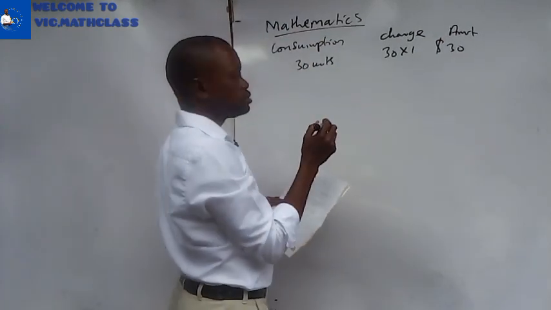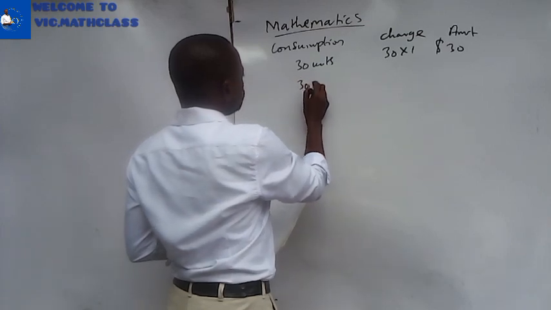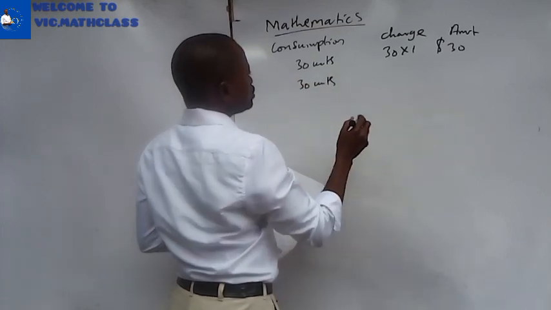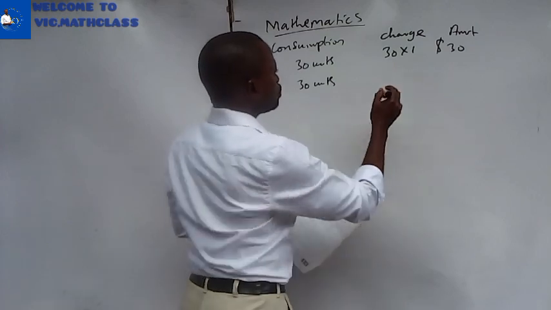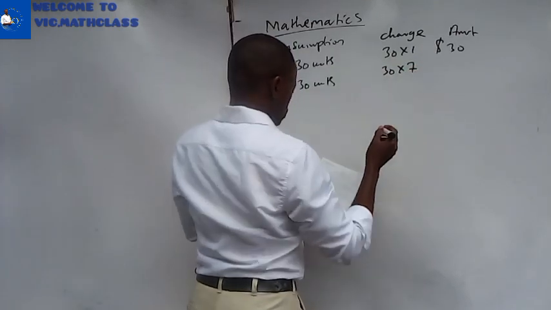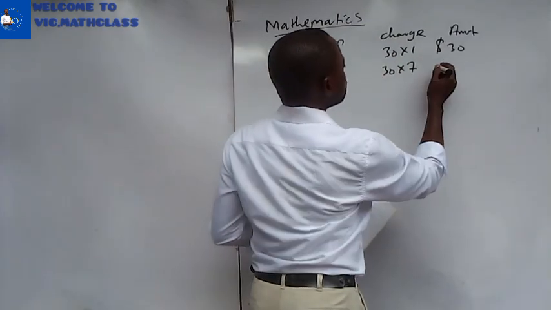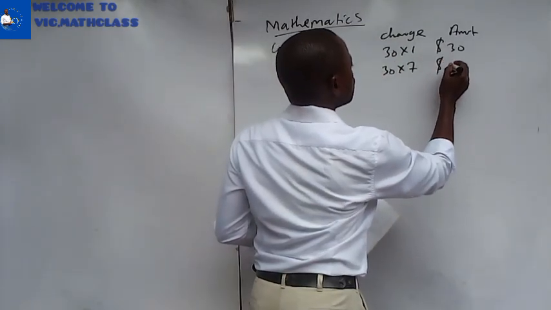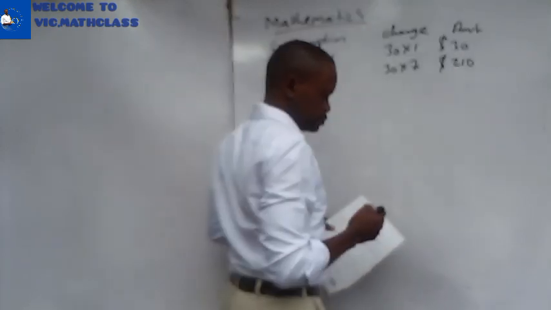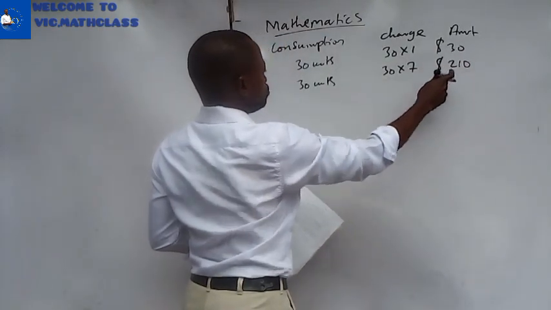If you take another additional 30 units, the charge this time will be $7 per unit. 30 times 7, and by my calculation, is $210. So you can see there is going to be accumulation.